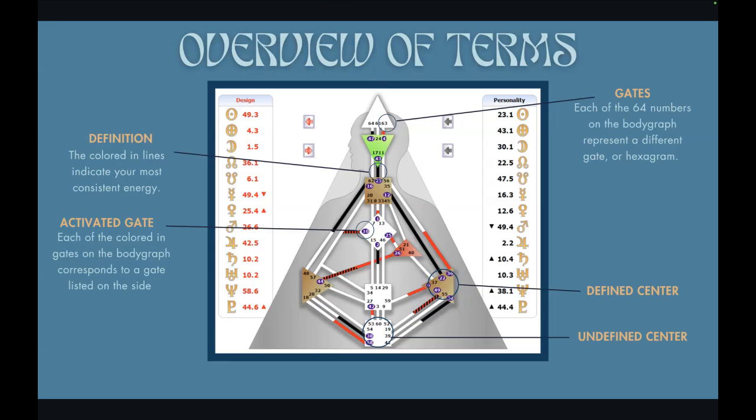Each center is either colored in or not colored in. The colored in centers are called defined. Defined centers are where your most consistent, reliable energy is. This is what makes you you. It's what you bring to the table and how you influence others, both energetically and behaviorally. This is my chart actually.